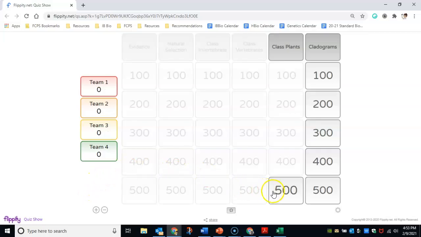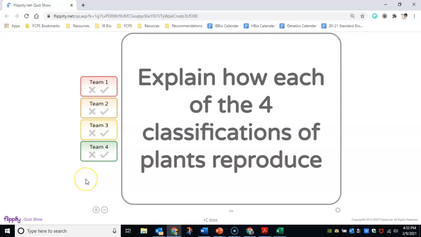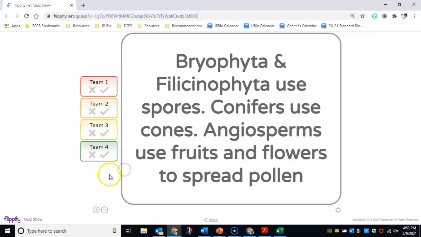And for 500, explain how each of the 4 classifications of plants reproduce. So think about how the plants reproduce. Think about how flowering plants reproduce, you should absolutely know this. Conifers have a similar situation, but not totally the same. Pteridophytes have a very unique way. Okay, so bryophytes and pteridophytes are totally different from conifers and angiosperms because they use spores.